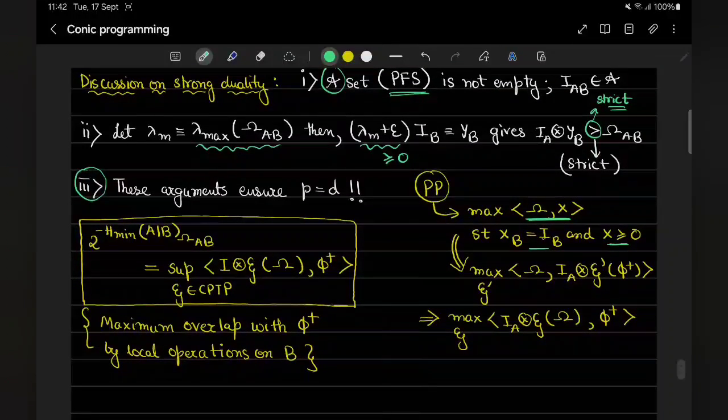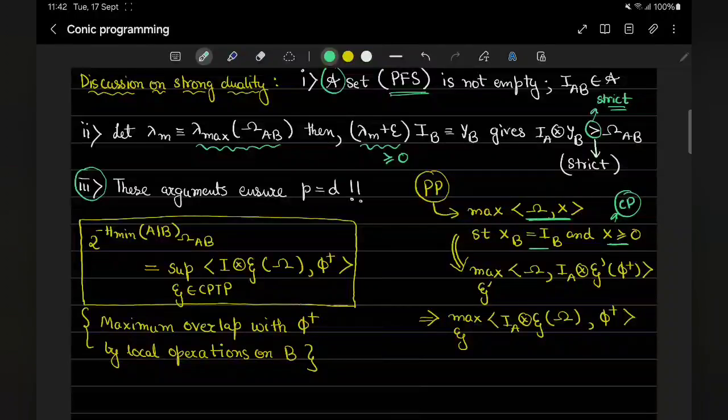A matrix whose trace on the A part gives you an identity on B, and the matrix is positive semi-definite, is isomorphic, like the Choi isomorphism, to a map which is completely positive, that is this part, and unital, basically it preserves the identity matrix.